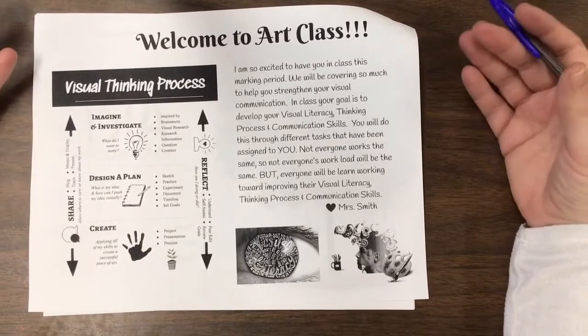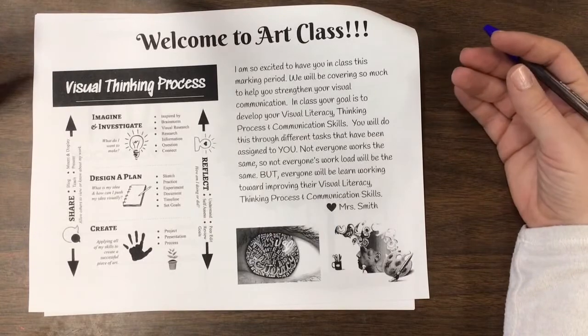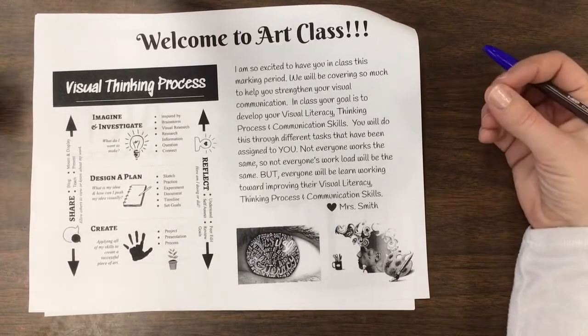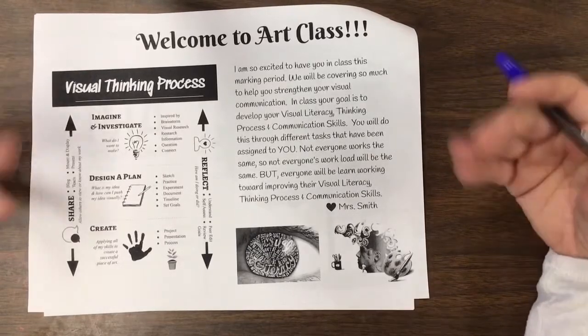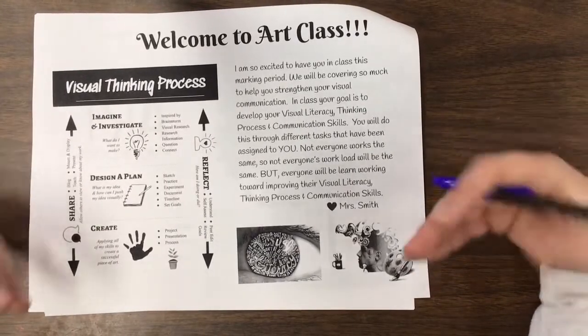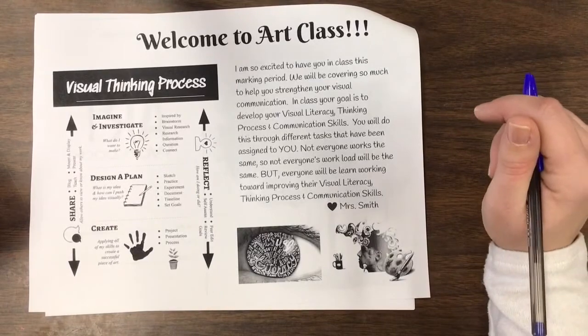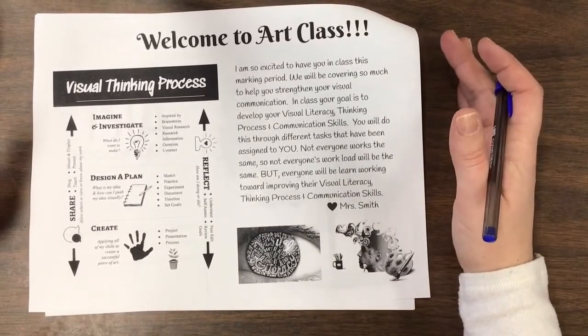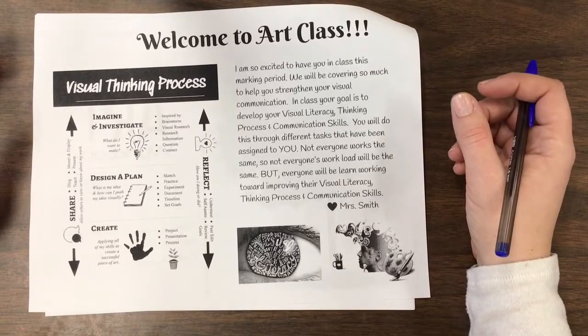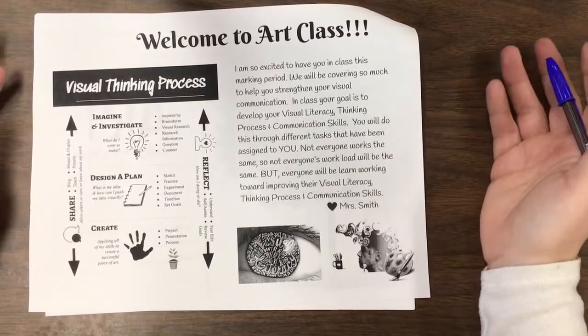But what I'm trying to do is get you to think visually, okay? To think, okay, how am I gonna get my idea down on paper and express it to someone else, okay? So this packet is pretty much going to help you come up with the best way to connect with your audience, okay?